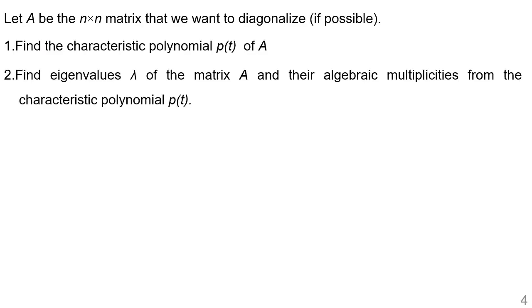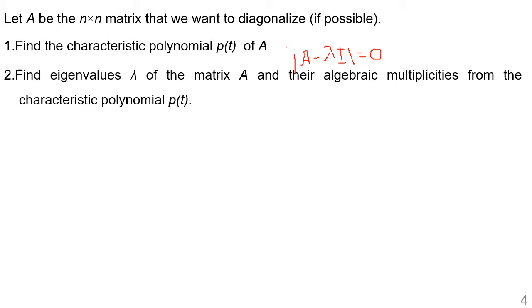Let us study the procedure involved in diagonalizing a given matrix. Let us consider a matrix A of dimension n cross n. First and foremost, you need to find the characteristic polynomial of A. We have seen from earlier discussion that the characteristic polynomial is given by determinant of A minus lambda I equal to 0.